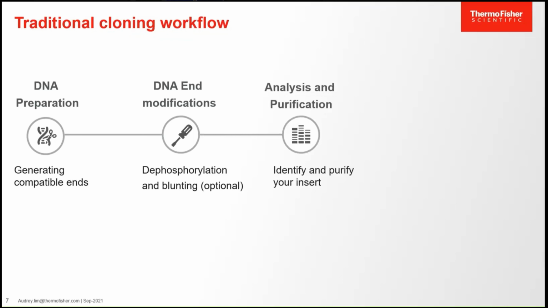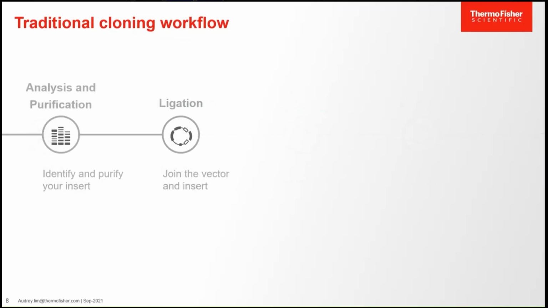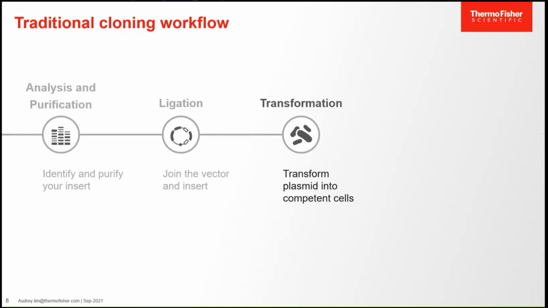Then the insert and vector will be ligated to permanently join them together. This is called ligation. After the ligation, you will get a recombinant plasmid, and it will be inserted into a bacterial cell in a process called transformation.